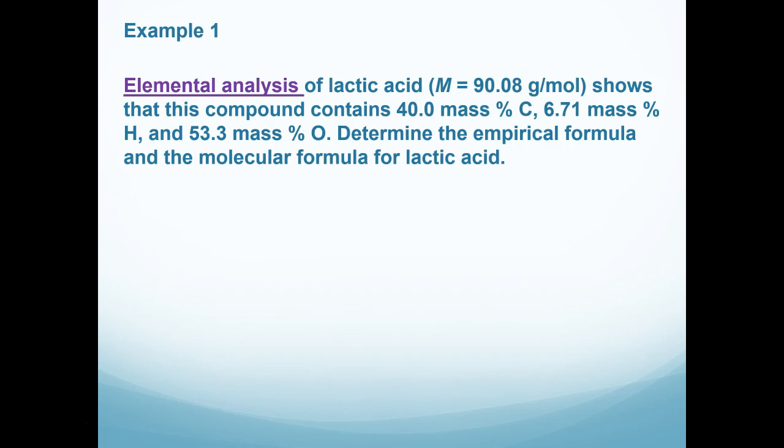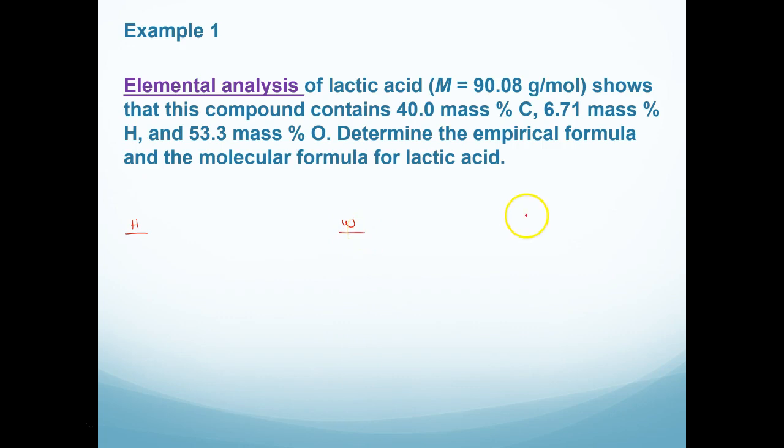Right? So elemental analysis of lactic acid, and we're given a molar mass here, shows these percentages of the different elements. So 40.0% by mass carbon, 6.71% by mass hydrogen, and 53.3% by mass oxygen. So the first thing we want to do, with any of these problems, if we're given percentages, we want to just make our sample out of 100 grams.